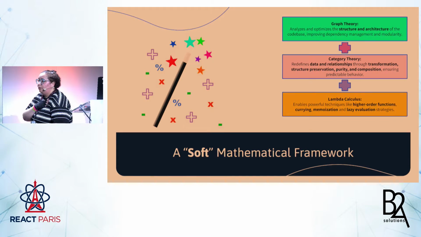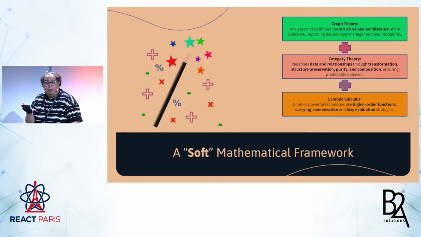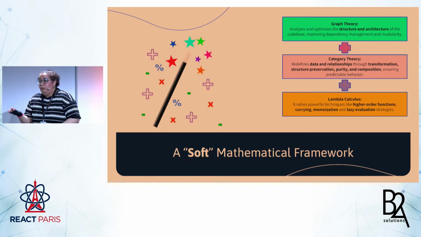Based on the different research and the different engineering inspiration, I share with you my way of doing code and architecture. I call this a soft mathematical framework. It is not soft because it is not very hard. It is a logical way to structure our code, to write code. And when we are in the mathematical domain, we can benefit from many advantages, like, for example, lazy evaluation.